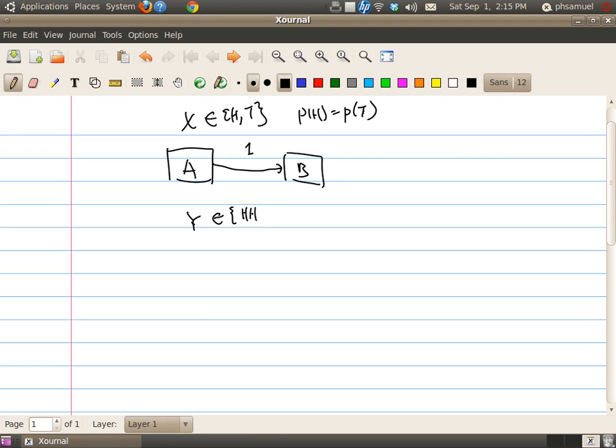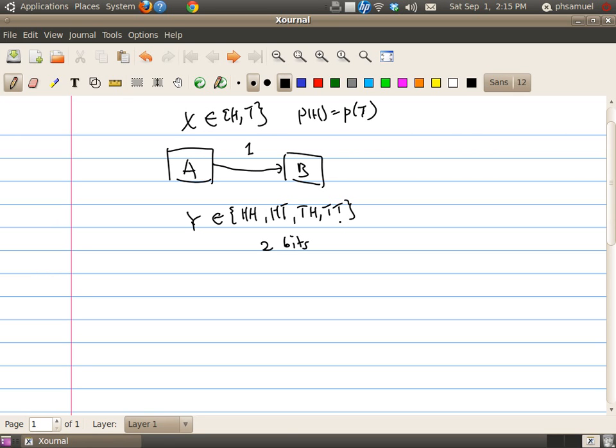It can be head-head, head-tail, tail-head, and tail-tail. How much information will be in this variable Y here? I hope you will say that there will be only 2 bits, because 2 bits can represent all these 4 values, since 2 to the 2 is equal to 4.